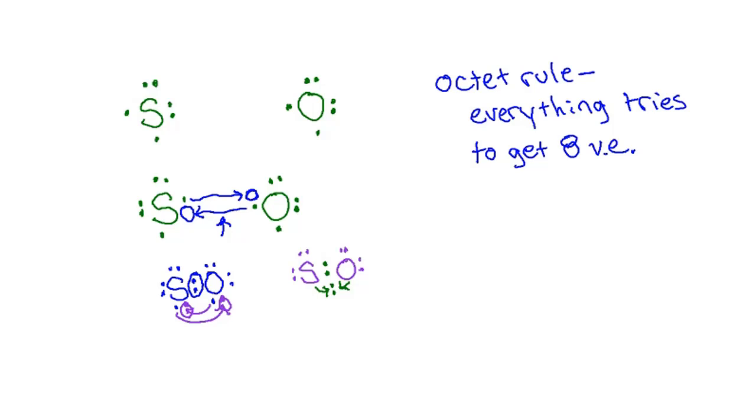Now how you write that, when you share the dots, those shared dots, we designate those shared dots. See how these 2 dots are shared? One from sulfur and one from oxygen, but they share them, so they're both taking up those spots for 2 electrons. When you share 2 dots like that, you draw a little line, and the line is for 1 dot from oxygen, 1 dot from sulfur, and you draw a little line between them.